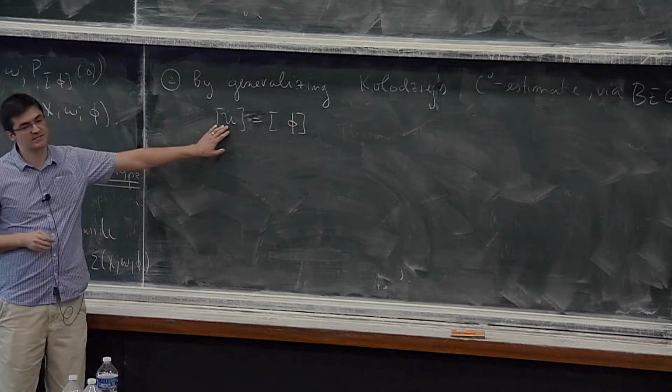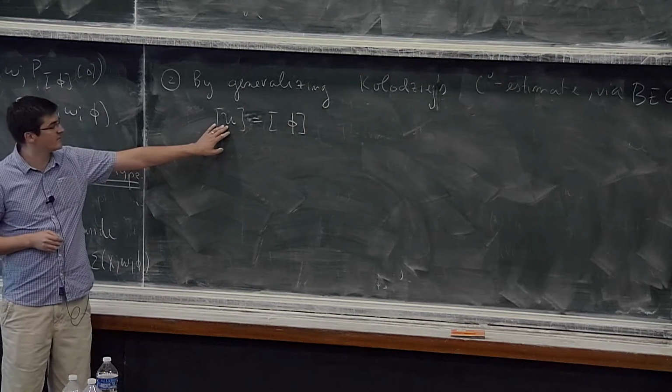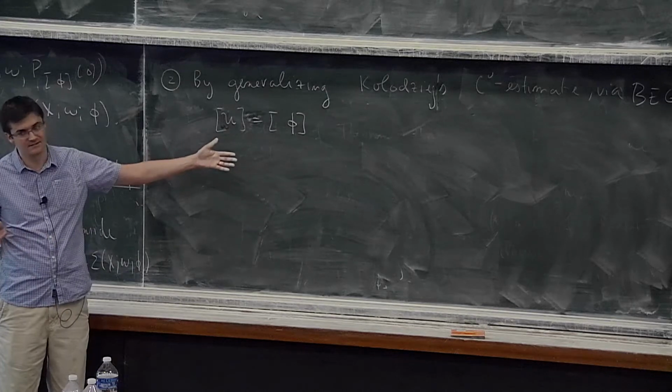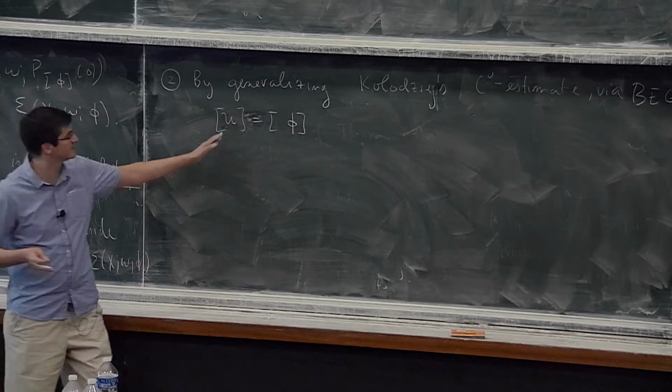If you look at this closely, the requirement that phi and u have the same singularity type is really a C0 estimate in this context.